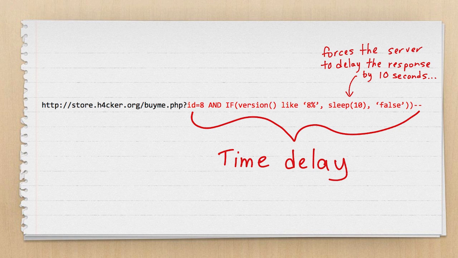So in this example, the query checks whether the MySQL version is 8.x or not, and then it forces the server to delay the answer by 10 seconds. Now, you can increase the delay and monitor the responses. You can even set the sleep parameter to a high value, since you don't need to wait that long, and just cancel the request after a few seconds.